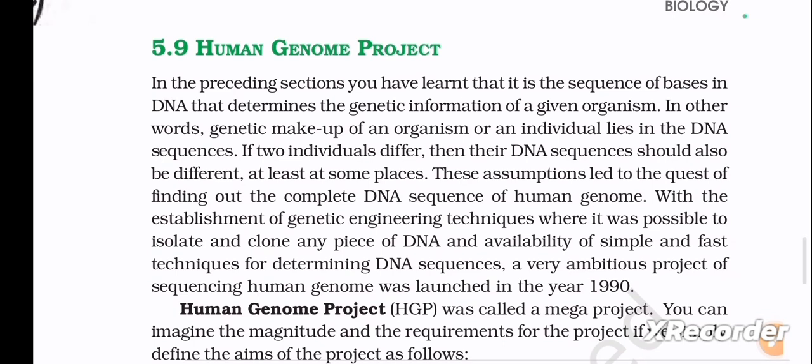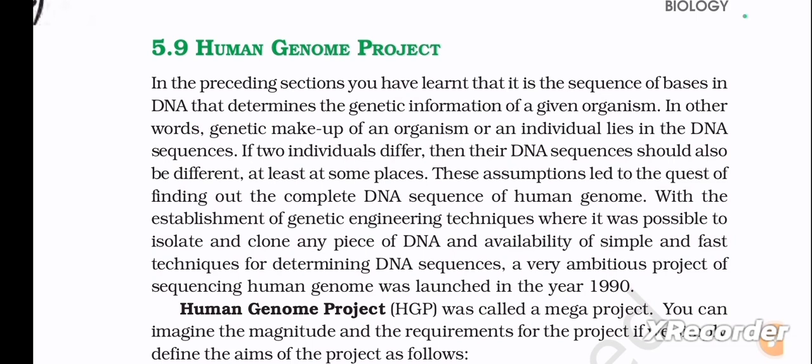In the preceding sections, you have learned that it is a sequence of bases in DNA that determines the genetic information of a given organism. In other words, genetic makeup of an organism or an individual lies in the DNA sequences. If two individuals differ, then their DNA sequences should also be different, at least at some places. These assumptions led to the quest of finding out the complete DNA sequence of human genome.